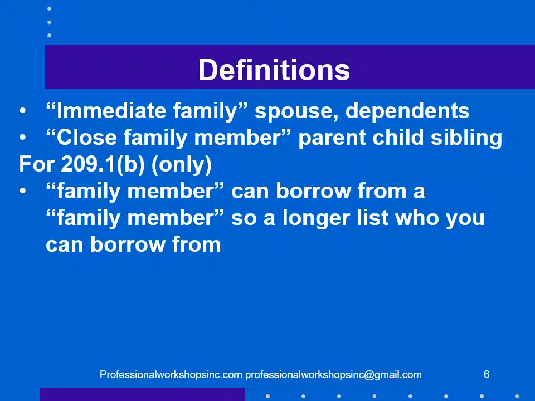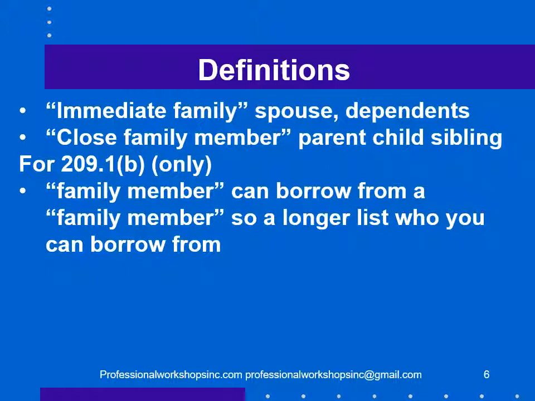And there are a number of definitions of family. There is immediate family. That's your spouse and your dependents. So that's a small group of people. Close family member is a parent, child, or sibling.